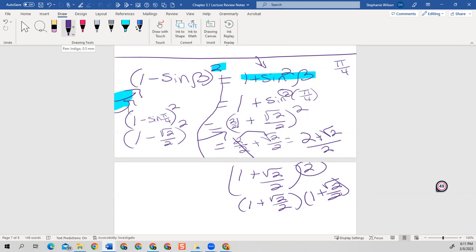There's a little step here, which gives us back over here. If you notice, let me highlight it so you can see it in my mess. We have 2 plus square root of 2 over 2. This one here is going to give us 2 minus the square root of 2 over 2 all squared.